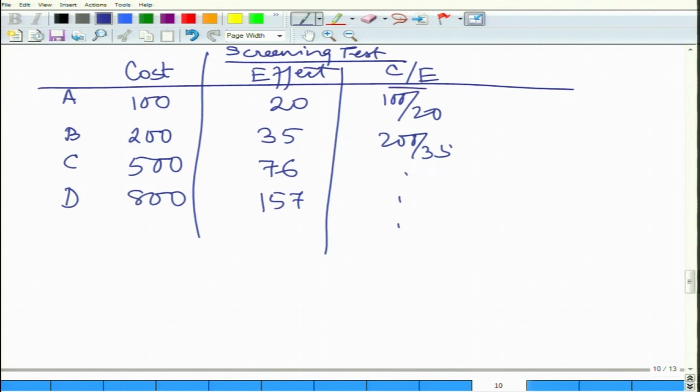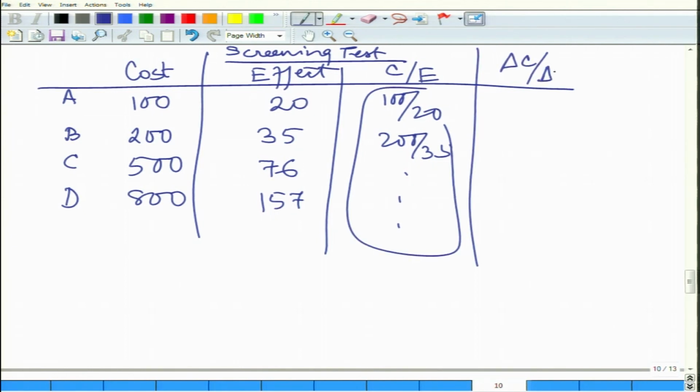But we won't decide based on this, we will estimate the incremental cost effectiveness. The first one will be blank, and for the second, the change in cost is 100 rupees and the change in effectiveness is 15. This is my cost effectiveness ratio, and for each option I will have one, computed as this minus this, and then this minus this.